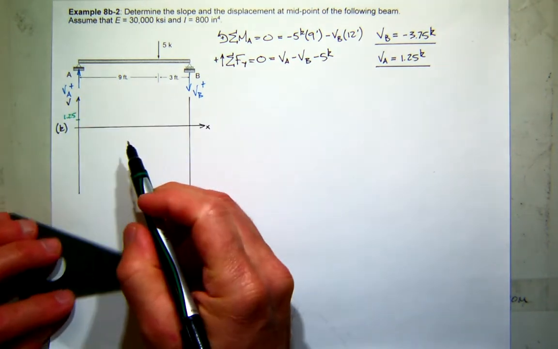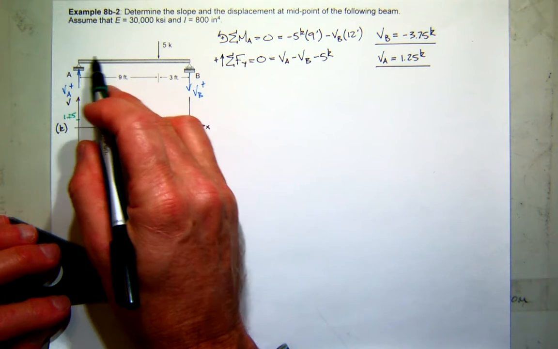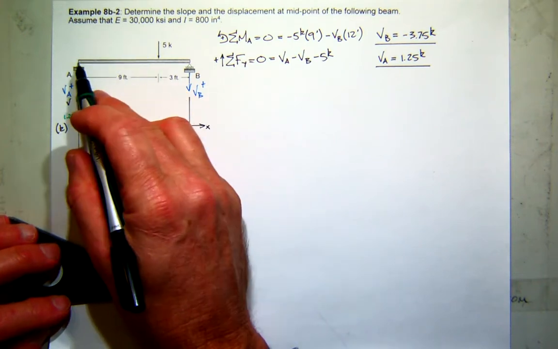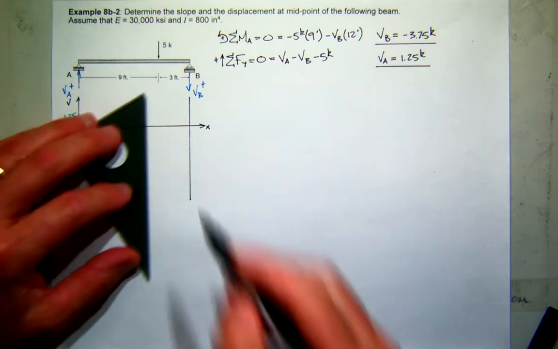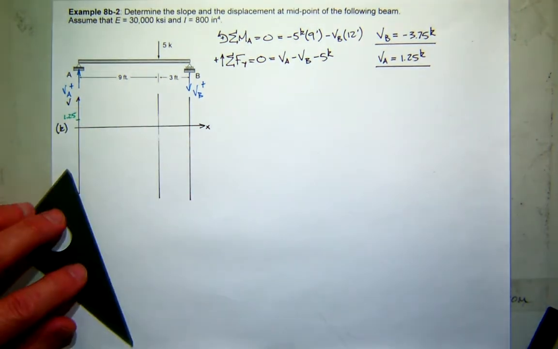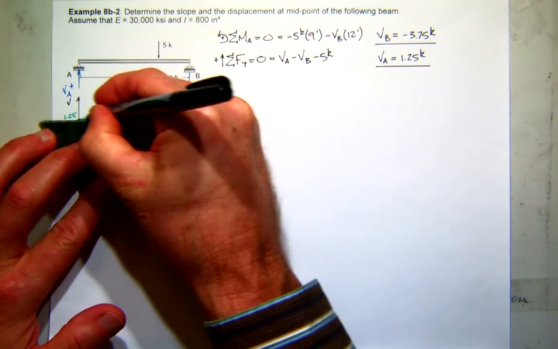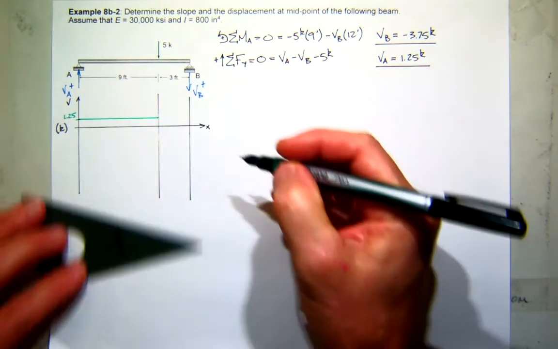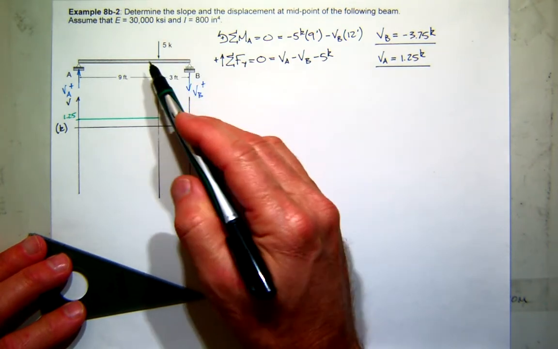And we know from our previous work that the change in shear is the area of the load diagram. In the first 9 feet, there is no area of the load diagram, so there's no change in shear. I should have added this line here at 5, where the 5 kip force is. Then as I go from the left side to the right side, my change in shear is equal to the load.